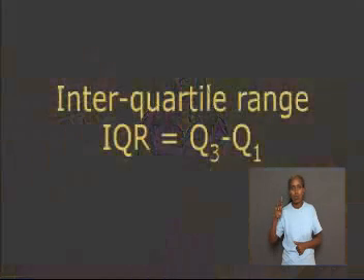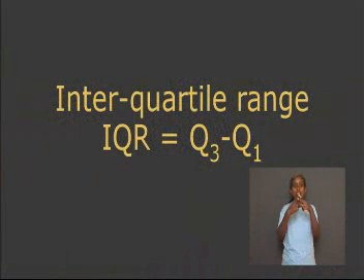It might be more useful to measure the difference between the third and first quartile. This is called the interquartile range. Students, before we discuss the interquartile range, let us quickly review how quartiles are determined.